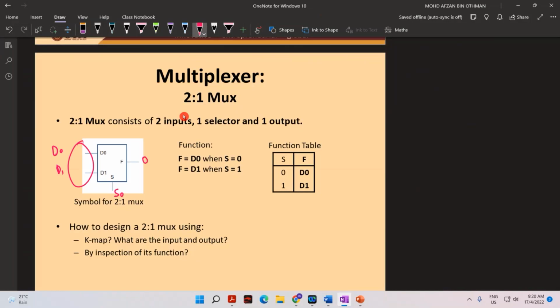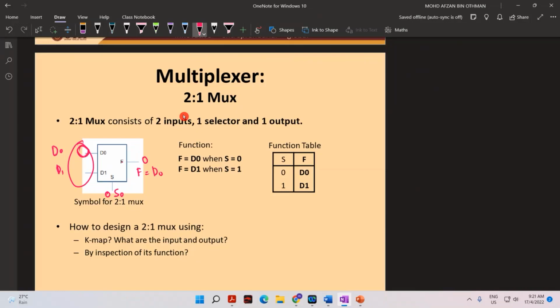The function of this 2:1 mux says that the output F equals D0 when S equals 0. When you put S as 0, output F equals D0, so dia akan ambil input daripada D0.